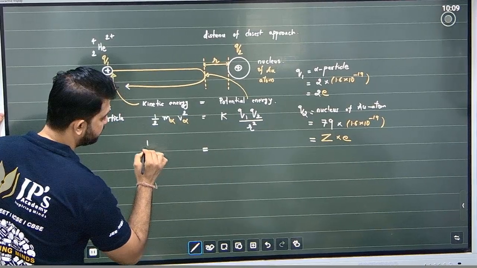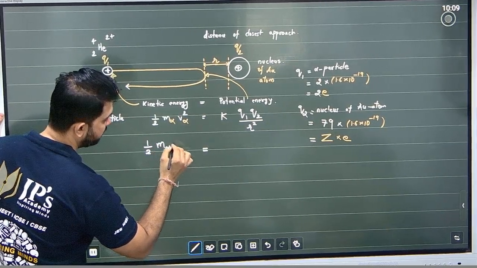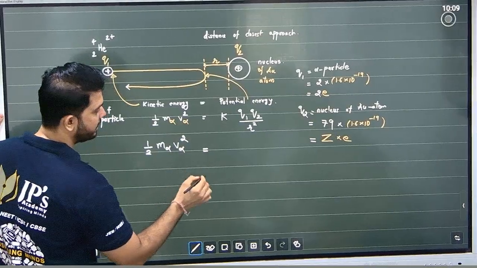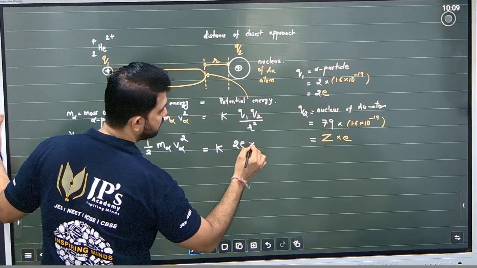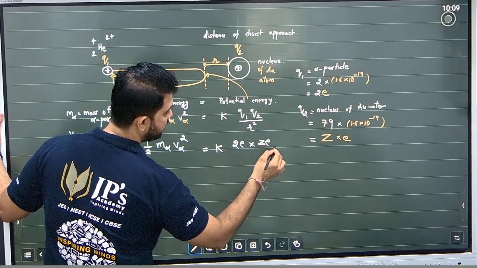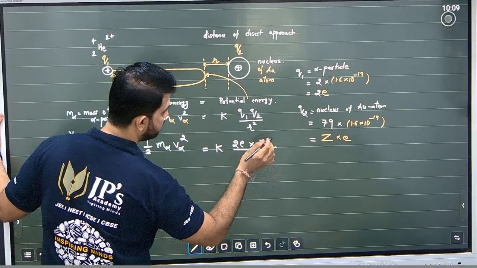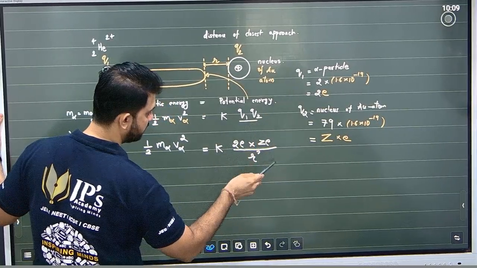So half m alpha v alpha squared is k. What is q1? 2e. q2 is Ze, over, pardon me, r square nahi, r.